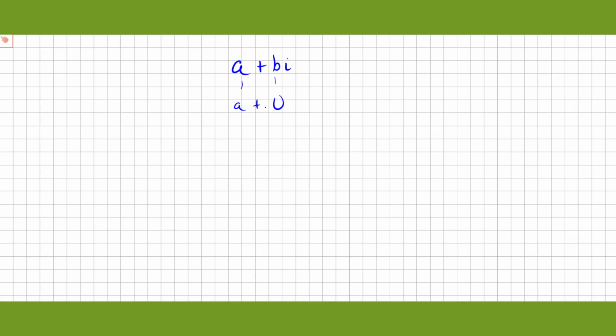Therefore, if b equals 0, that's going to be a real number. If a equals 0 and b is not equal to 0, that number a plus bi is called a pure imaginary number.